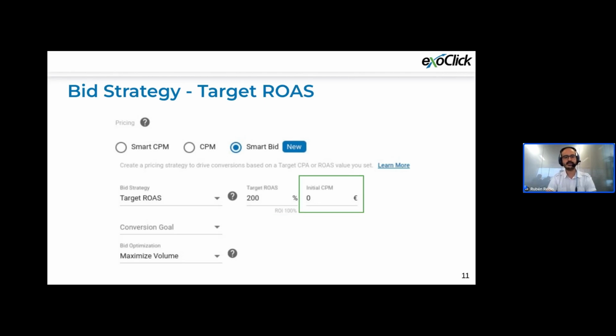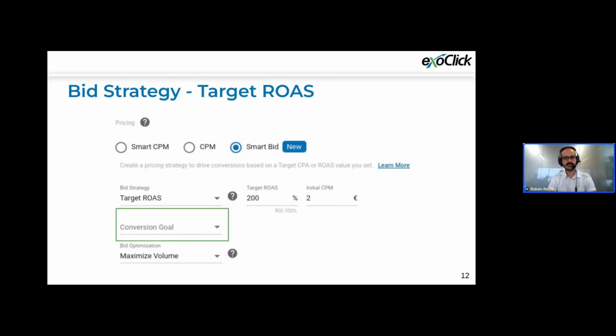Just like with a target CPA campaign, you also need to specify an initial smart CPM or smart CPC bid. Now, one of the most important differences between a target ROAS campaign and a target CPA campaign is that in a target ROAS campaign, you can only choose goals that have either a fixed value or a dynamic value.